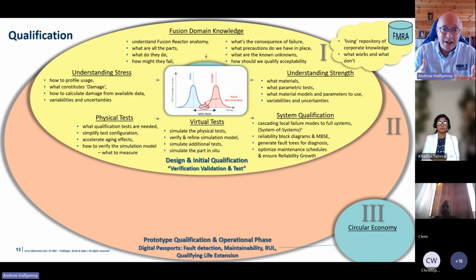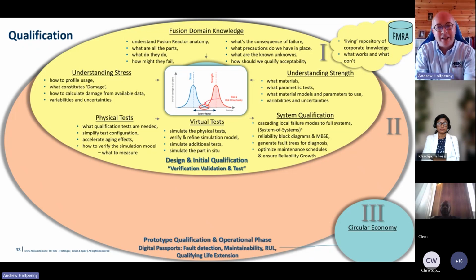So we have to cascade local failure modes, which there may be hundreds, into the full system by using systems of systems engineering. This is where things like reliability block diagrams and model-based systems engineering come in. It helps us to generate fault trees for diagnosis purposes. And it also helps us to optimize maintenance schedules and ensure reliability growth, as well as qualifying that system.